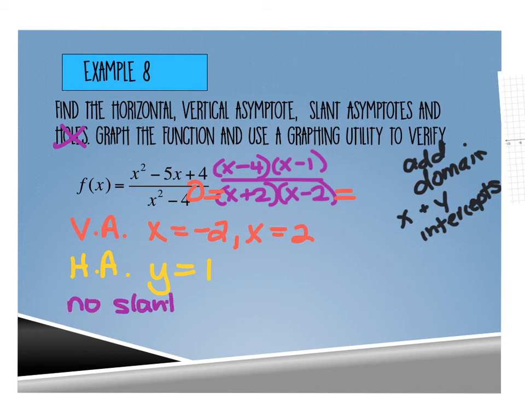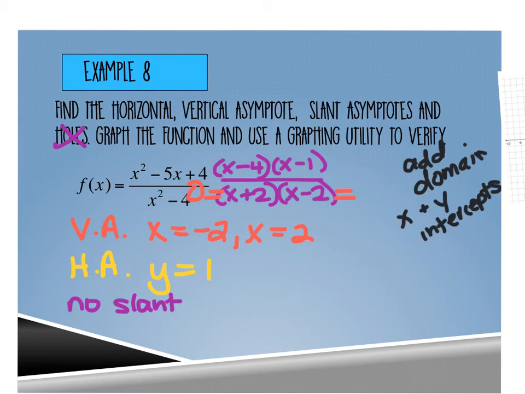The exponent in the top has to be 1 more than the one in the bottom, and you can't have horizontal and slant. Here both the exponents are the same.